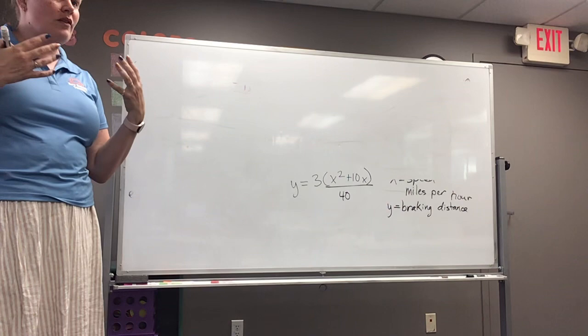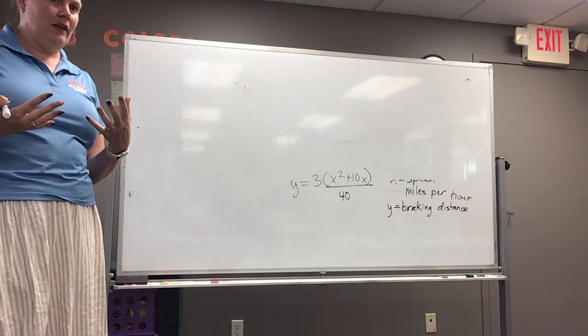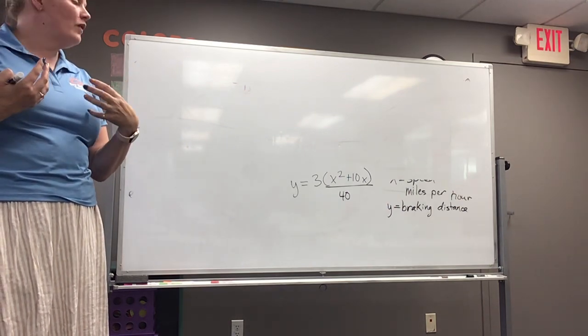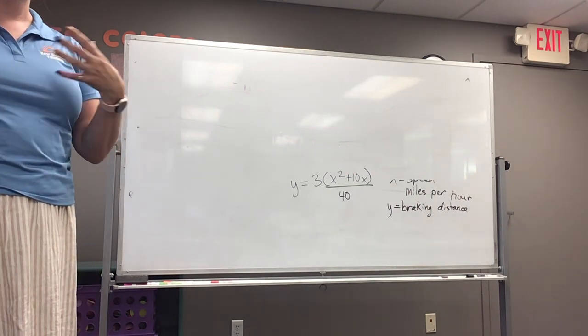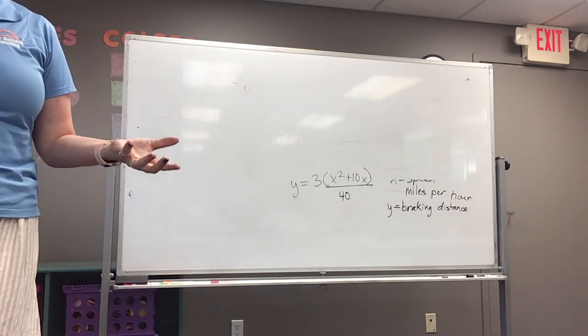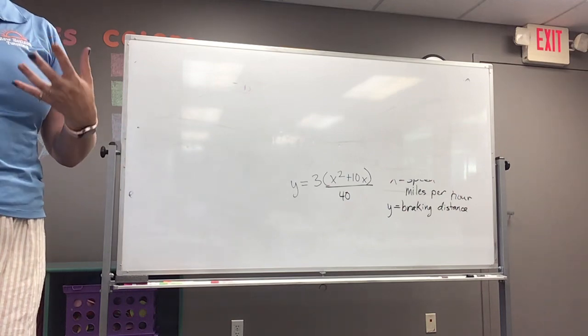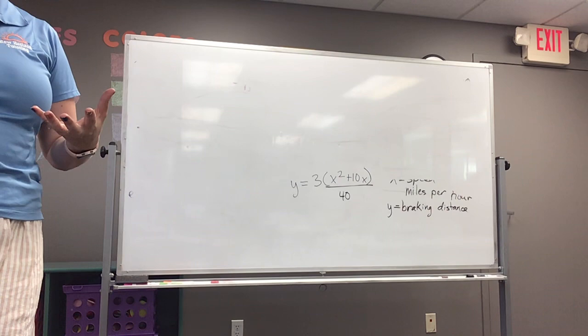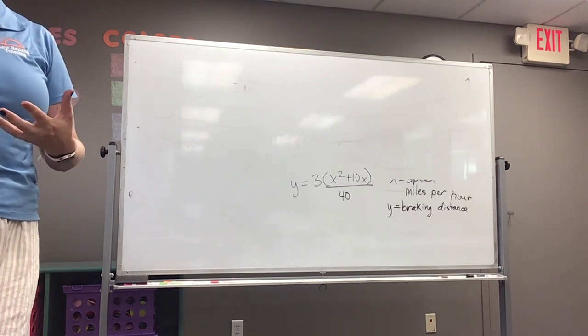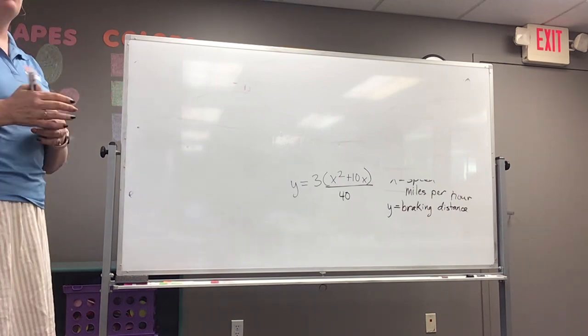So the very first thing that I would remove as a distraction is the idea of less than or equal to. Because they asked us for the max, and if they asked us for the max, we don't have to worry about the less than. We're just dealing with equal to.